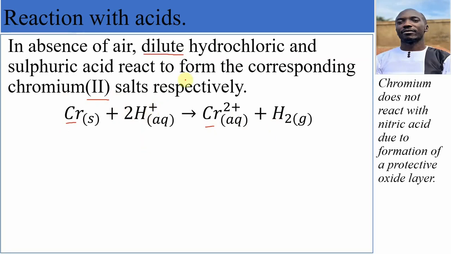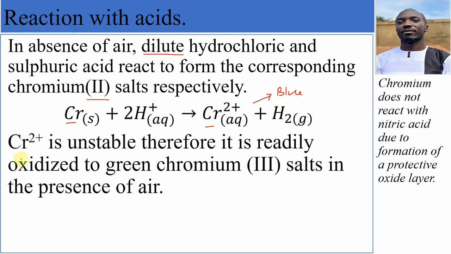If it is, for example, dilute hydrochloric acid, then you form chromium 2 chloride and hydrogen gas. But remember, we said these are blue. This is a blue solution. In other words, chromium 2 ions in solution are blue in color.